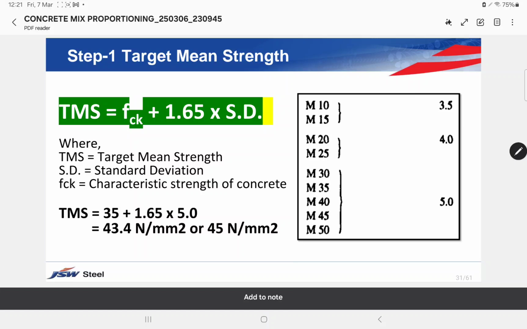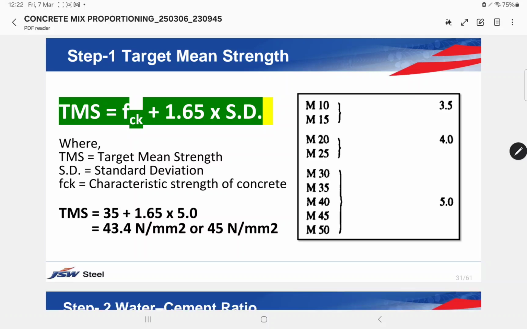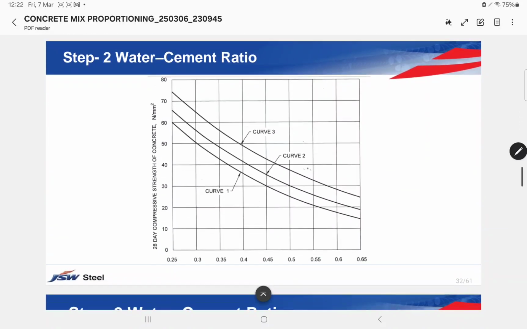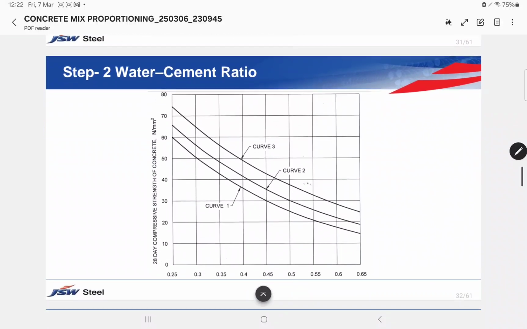As we are designing for M35 grade of concrete, the standard deviation is 5. So we put that value in this equation and it comes to around 43.4 Newton per mm square. To be on the safe side, let's assume it to be 45 Newton per mm square. Now we know the target mean strength.